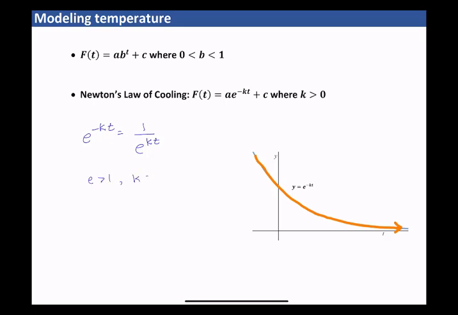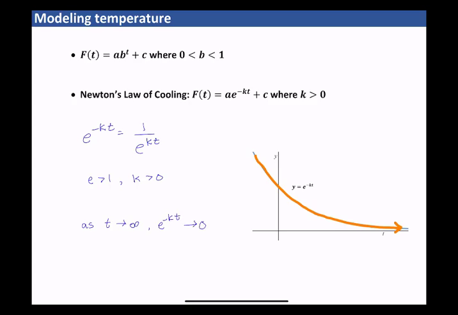So if t gets bigger and bigger, kt will get bigger and bigger. And as a result, e raised to the kt also gets bigger and bigger. Finally, when 1 is divided by bigger and bigger denominators, the value of the fraction gets smaller and smaller, tending toward 0. So we've just analytically shown that e raised to the negative kt tends toward 0 as t increases without bound.